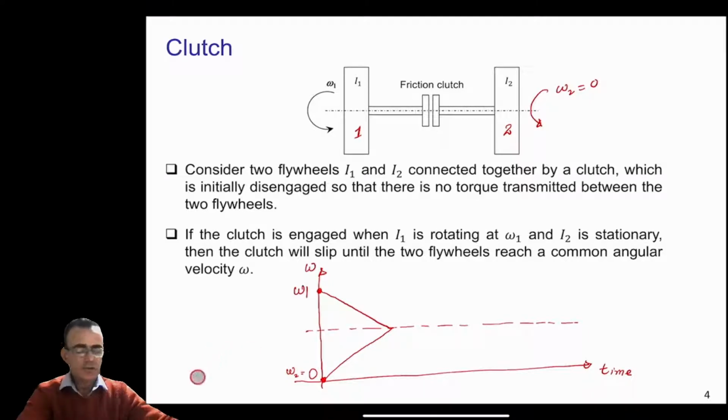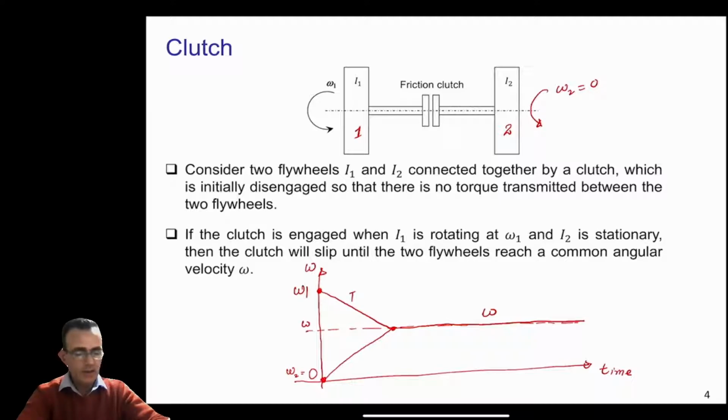Finally, at this point, you will achieve a common angular velocity omega. Then the whole thing together will just rotate at one omega here. So this we will call omega.